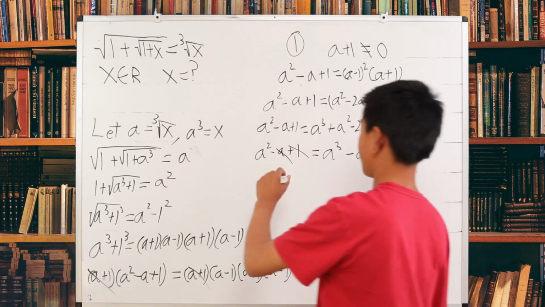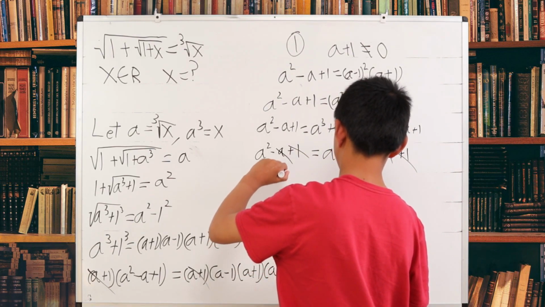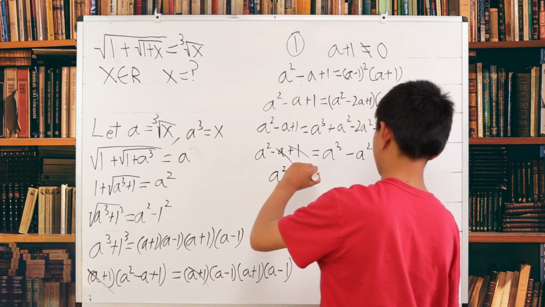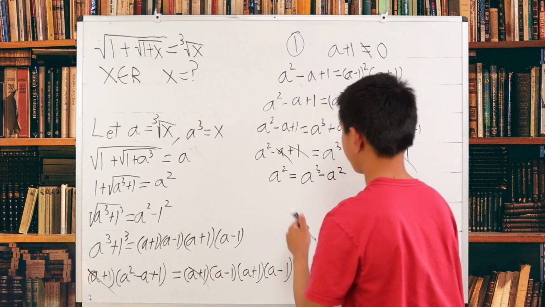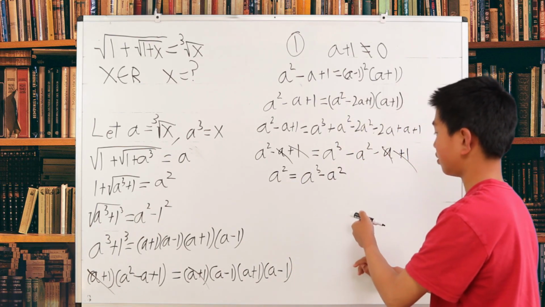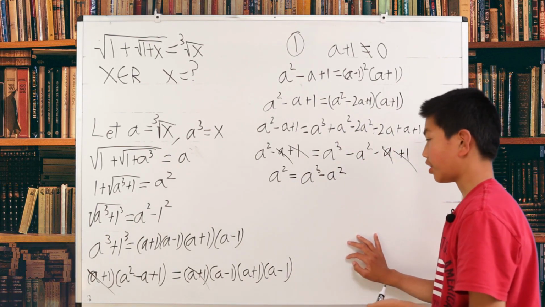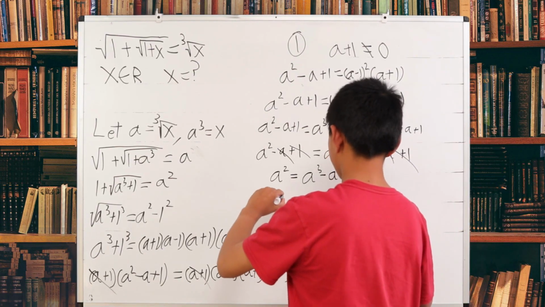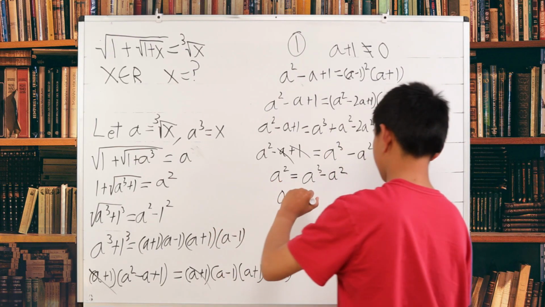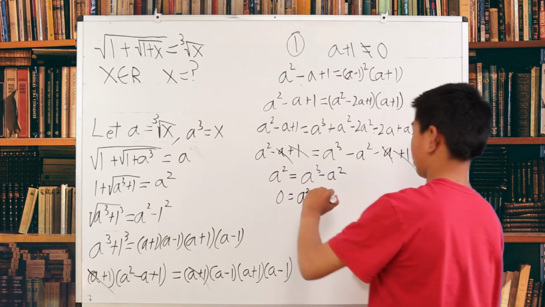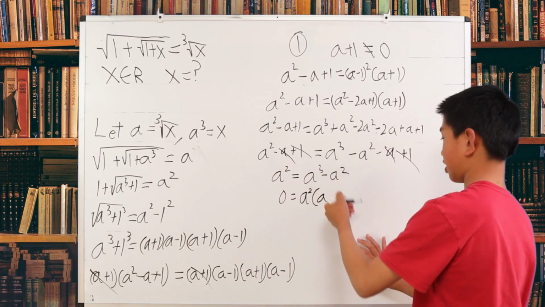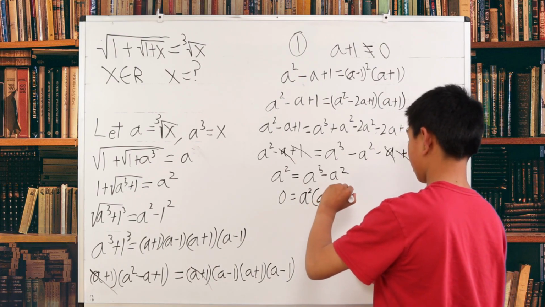All right, so these two cross out and the ones cross out. What you're left with is a squared is equal to a to the third power minus a squared. So you move the a squared to the right-hand side, and then you can factor out an a squared. So 0 is equal to a squared times a minus 2.